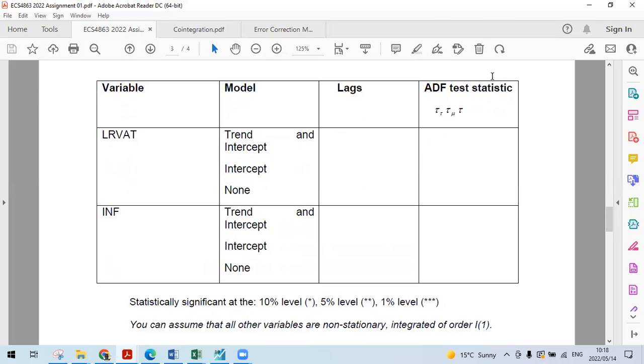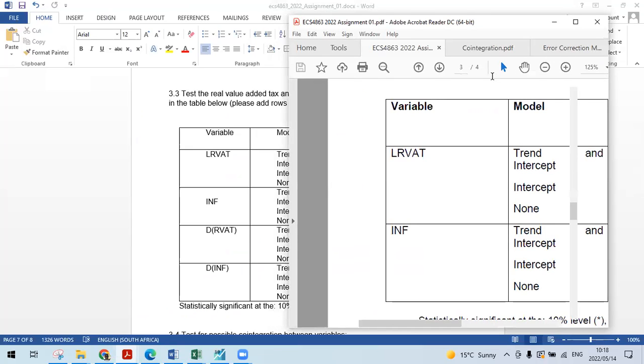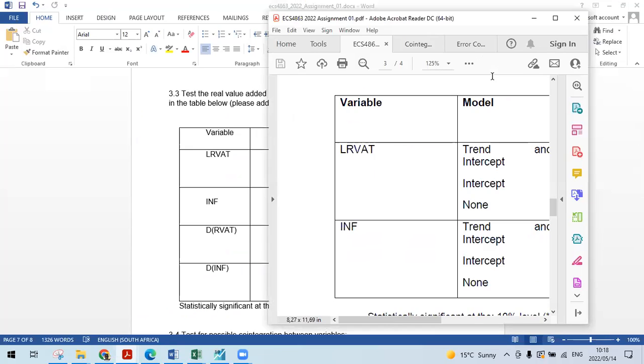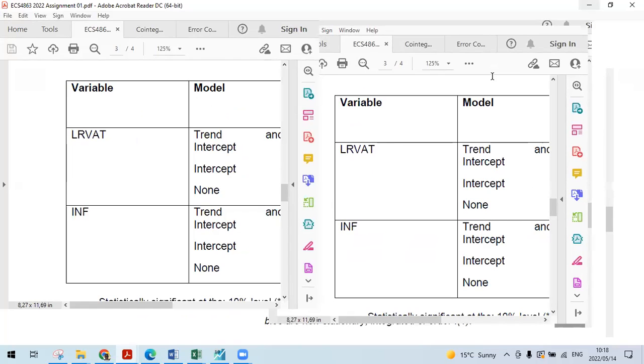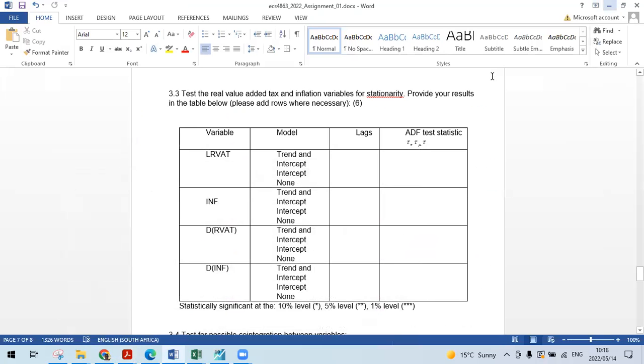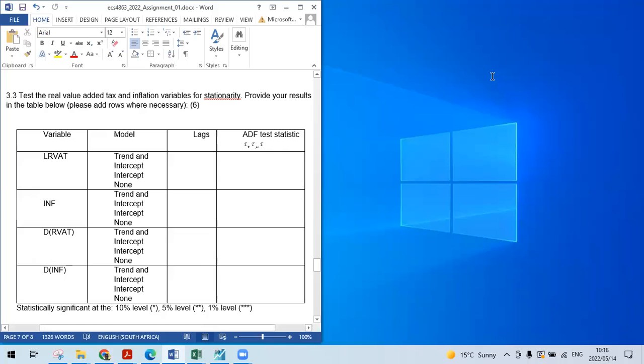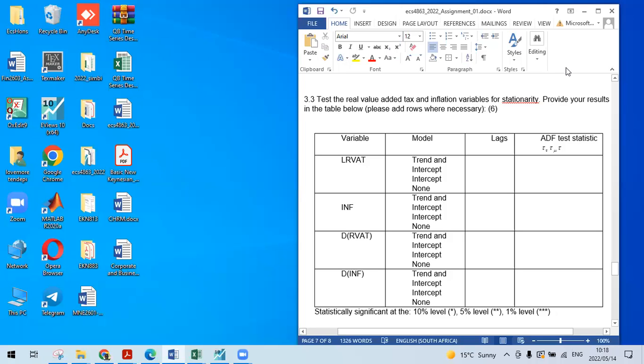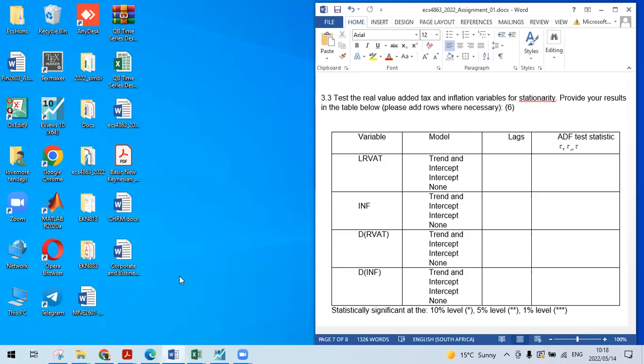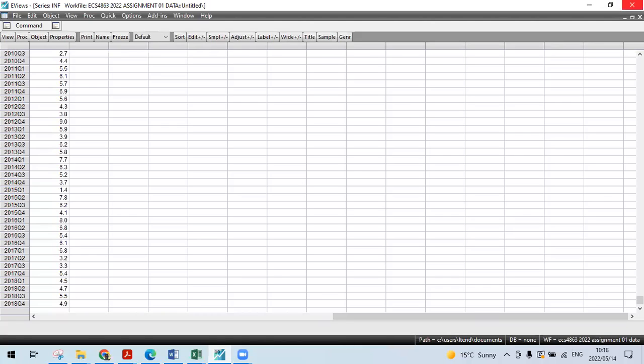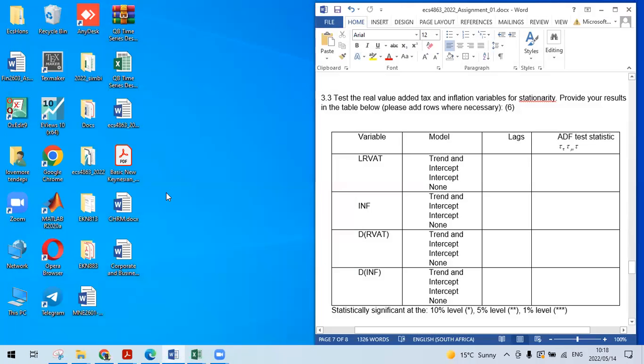So where is my, is it a question? No. Let me try to put my e-views next to the Word document we are having. So here's the Word document. Let's have our e-views, or maybe I should start opening it. You know what? Last week when we were doing this, I saved my stuff.